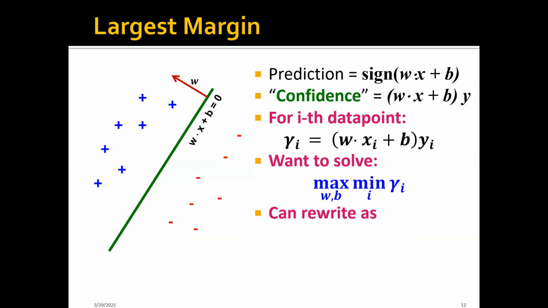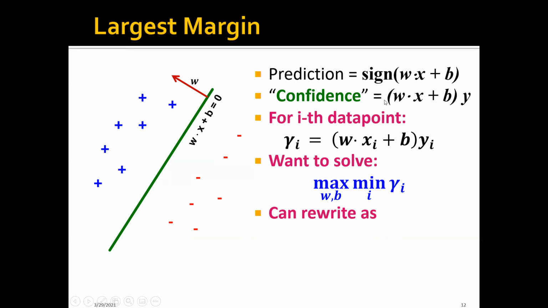And we already said that the confidence of a data point is the inner product of W and that data point plus B, times Y. Why is this?